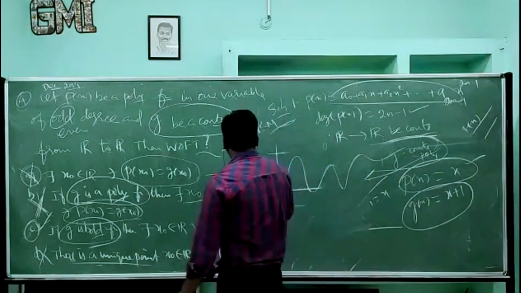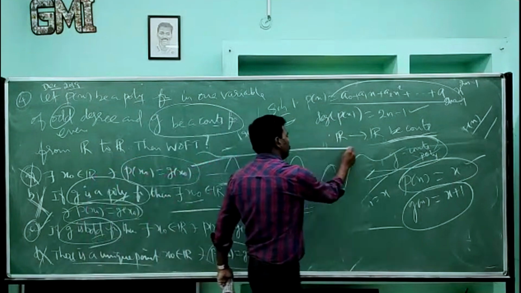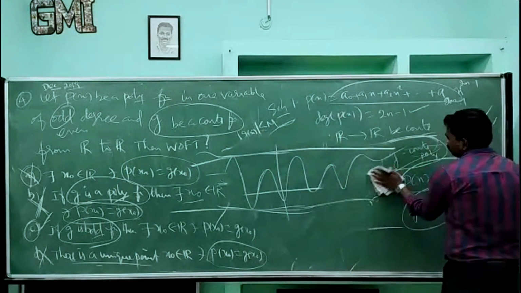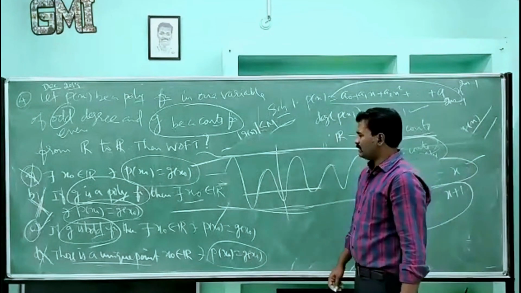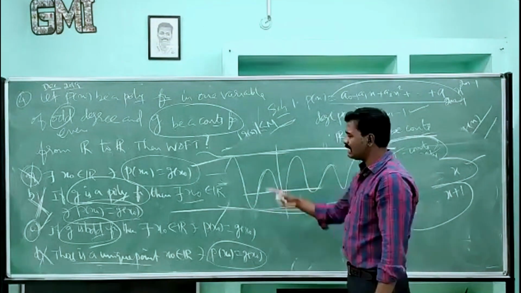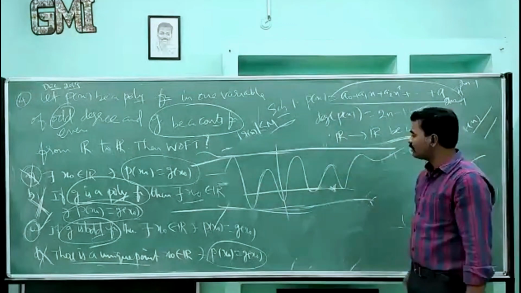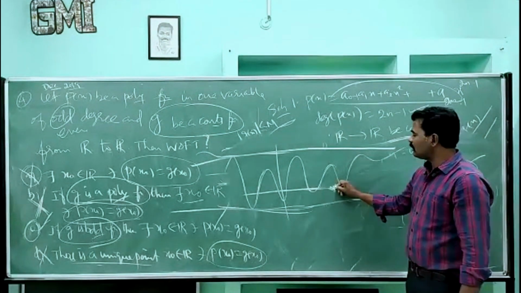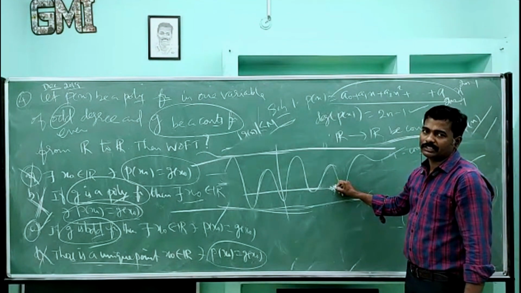So the whole range set lies within these bounds. Now P of x is an odd degree polynomial, which means it must vanish at least at one real root. Somewhere it will be vanishing. I don't know where, I am just roughly saying. And P of x is an onto function.